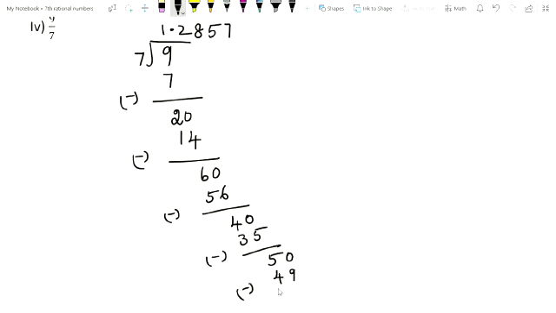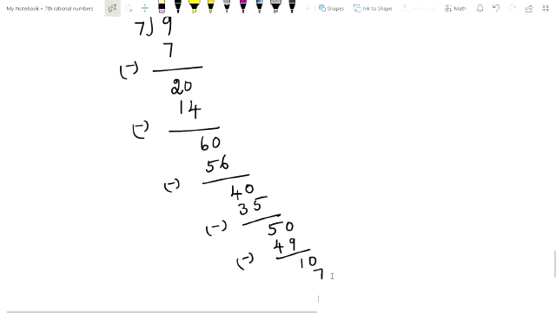Now subtract this, what will you get? 1. Add a 0. In 10, how many 7s are there? 1 seven is there. Now what will you get? 3. Add a 0, 30.